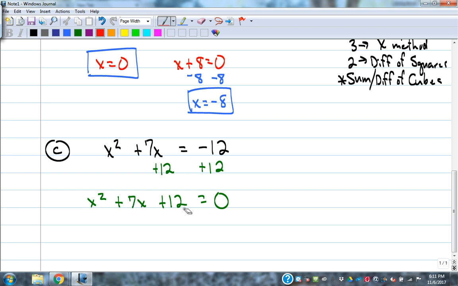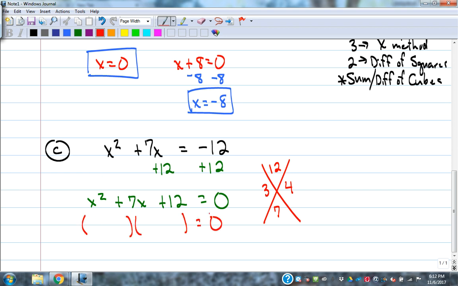So the next thing after GCF is count the terms. How many terms are there over here? 3. So that tells us to use the X method. Multiply to be 12, add to be 7. 3 and 4. I can take the shortcut on this one.